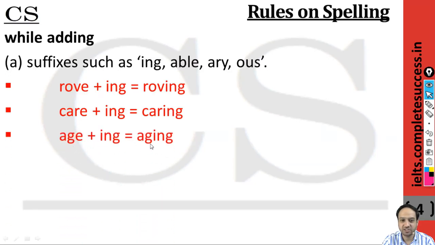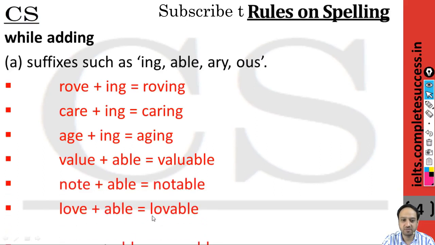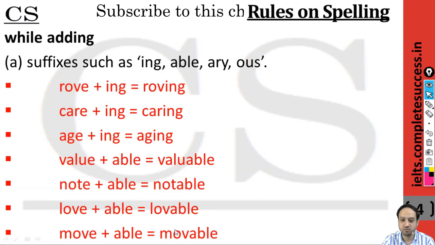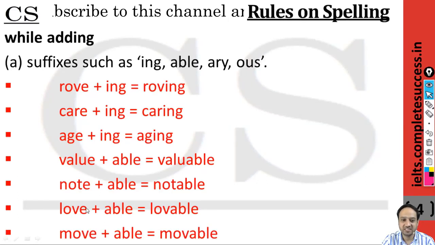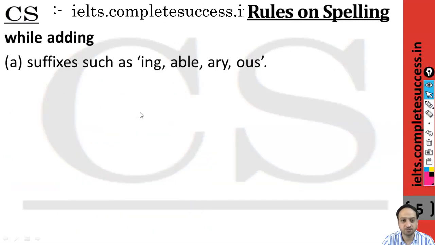Age plus ing, aging. Value plus able, valuable. Note plus able, notable. Love plus able, lovable, and move plus able, movable. In all such cases, when we add ing and able, we have dropped the letter e from all these words.